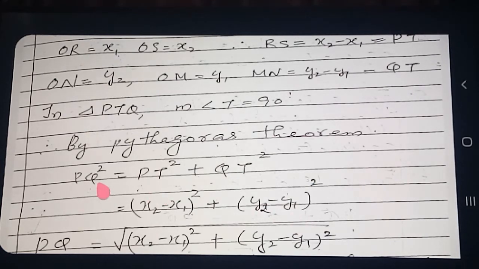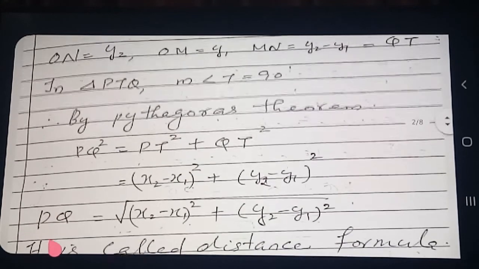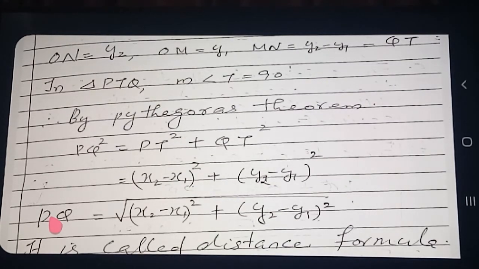So PQ square is equal to X2 minus X1 the whole square plus Y2 minus Y1 the whole square. Then what will be PQ? Take the square root on both sides. Therefore PQ is equal to root of X2 minus X1 the whole square plus Y2 minus Y1 the whole square.